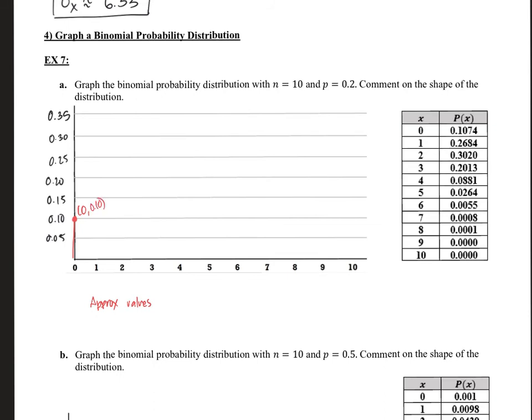Then for 1, we go to about 0.26, so about there. So that'll be 1, 0.26 approximately. Then 2 goes to about 0.30, approximately. And then 3, 0.20, about there.